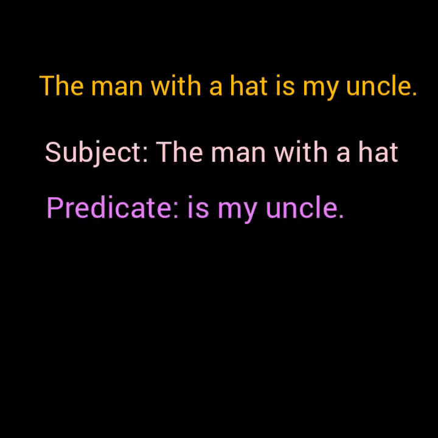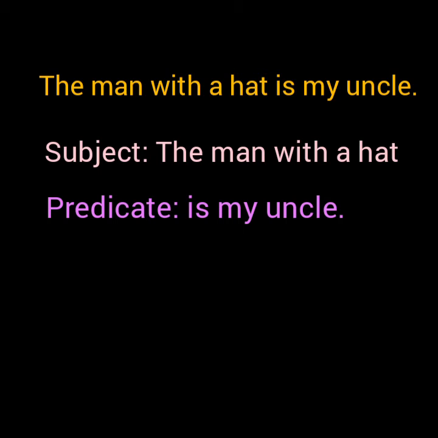The man with a hat is my uncle. We are going to find out the subject and predicate of the sentence. Let me tell you an easy trick how to find out the subject and the predicate. Firstly, you identify the verb of the sentence.